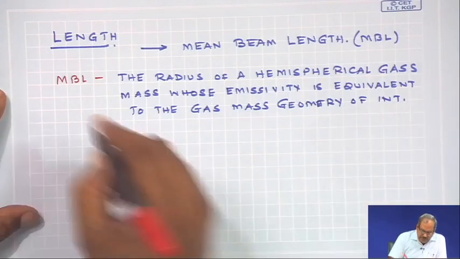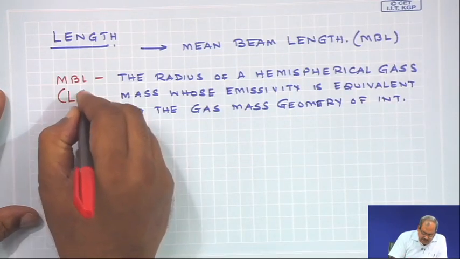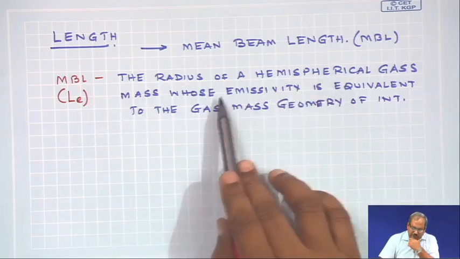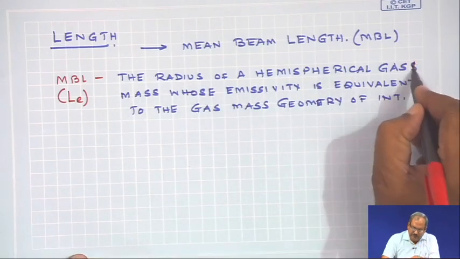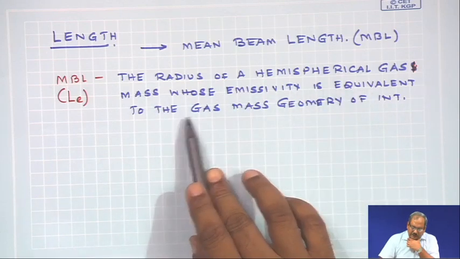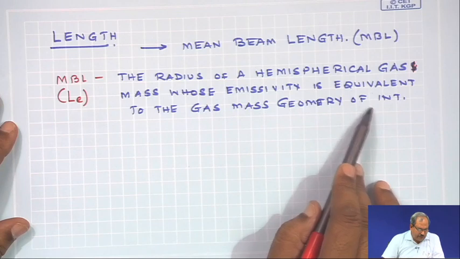This MBL is denoted by LE. So, LE is the radius of a hemispherical gas mass whose emissivity is equivalent to the gas mass geometry of interest.